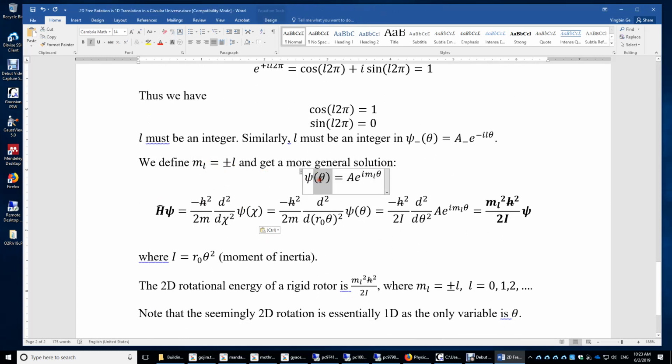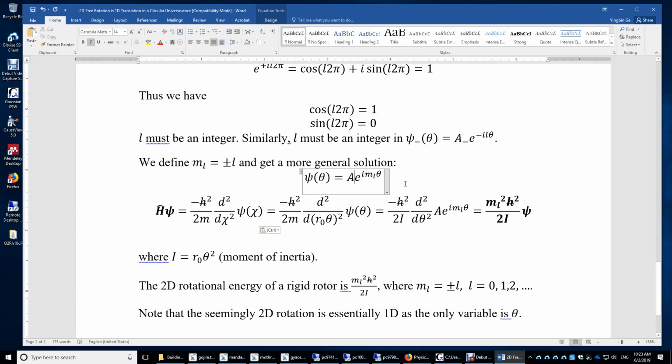The wave function of this free rotation is simply the normalization factor A times e to the power of i times m sub L times θ. And again, m sub L can be positive or negative, and m sub L must be an integer.